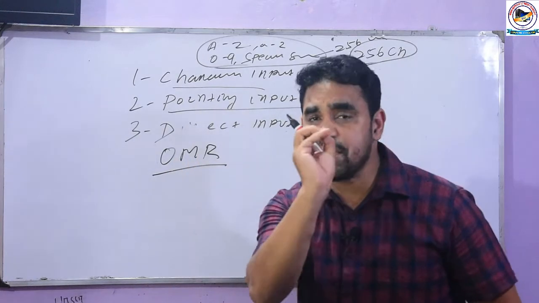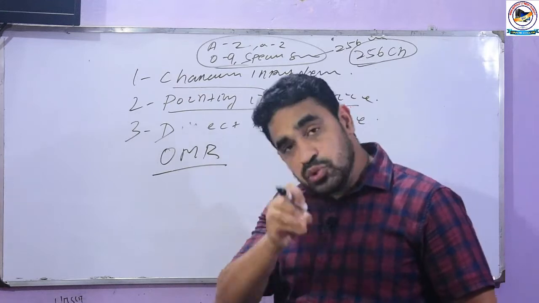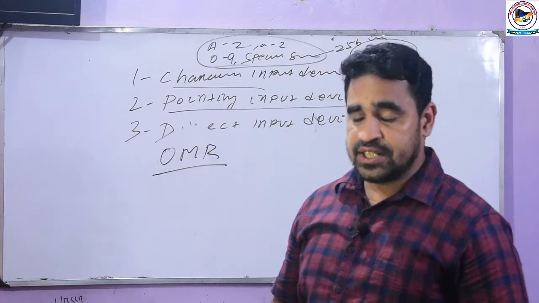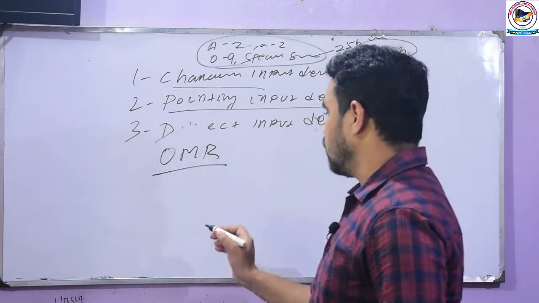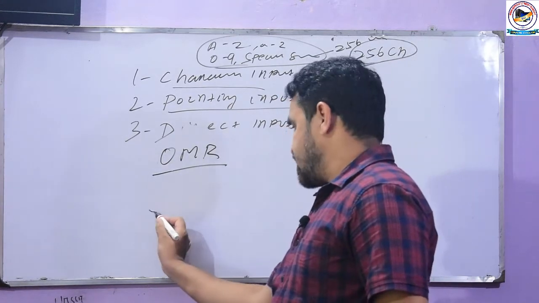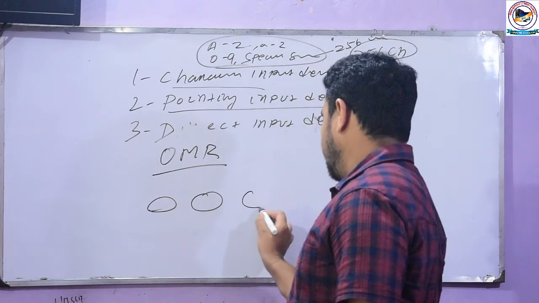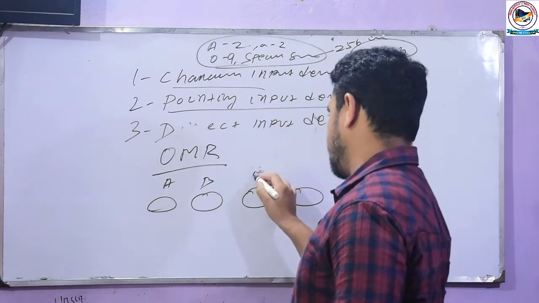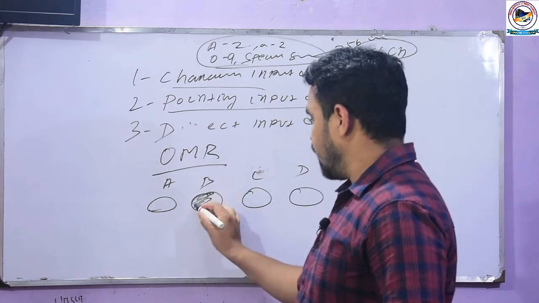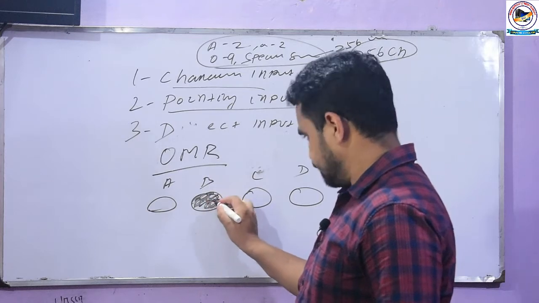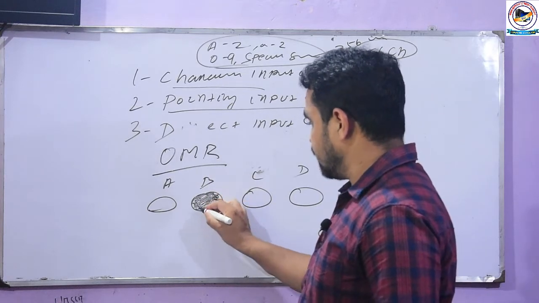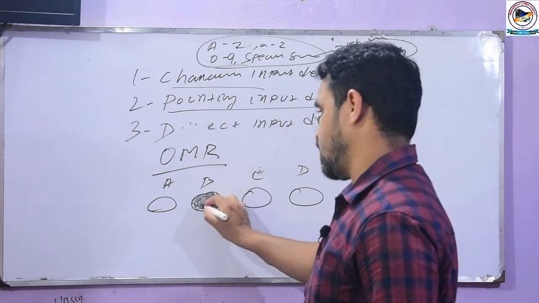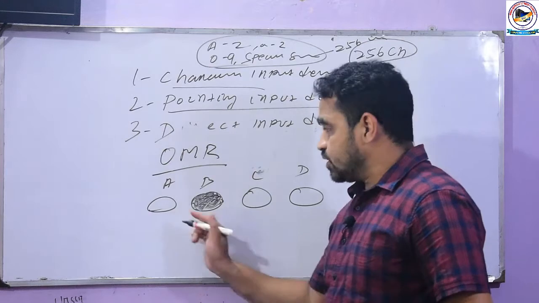It is a special type of scanner used to check the objective answer sheets of competitive exams. For example, in a competitive exam you find different ovals and you fill them with a pen or pencil to give your answer. Here we fill the answer as B, then you shade it with the pen or pencil. Okay, this is the OMR.